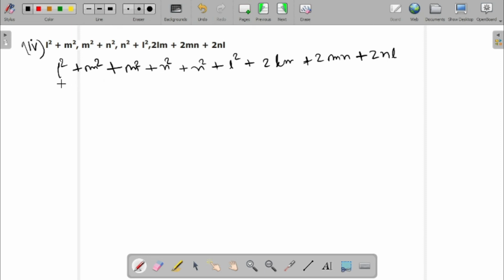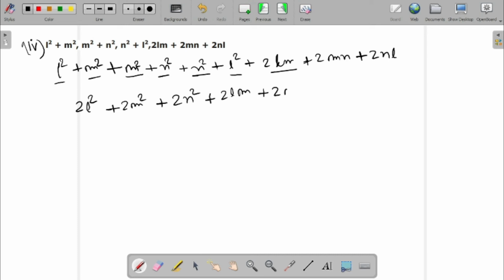Then after we collect the like terms. l square, or we can write 2l square, m square, you can write it as 2m square, n square plus n square, you can write it as 2n square. Then after we can write 2lm as it is. Why? Since this is only one term, no other term is like lm.